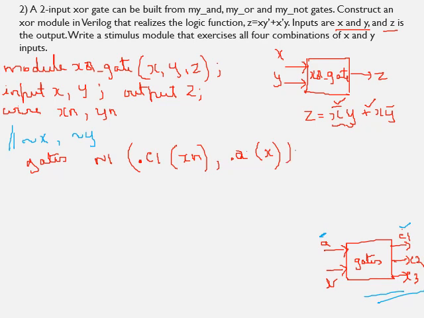Are you able to recall? Say connection by name is a dot, you have to use the signal name, period, you have to use the signal name that is used in the module, and in the brackets the signal name that is used in the current program, top level module.